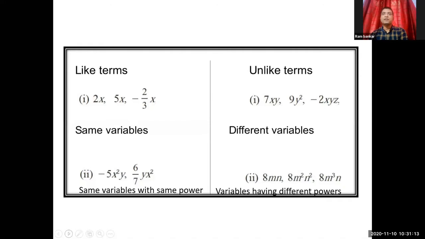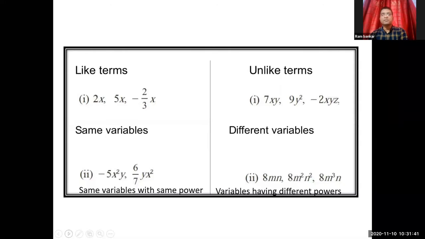Students, look at these two columns, which are also very important while solving multiplication. Like terms: when we are taking terms together while operating, we should know the like terms. Like terms means terms having the same variables as well as the same power.